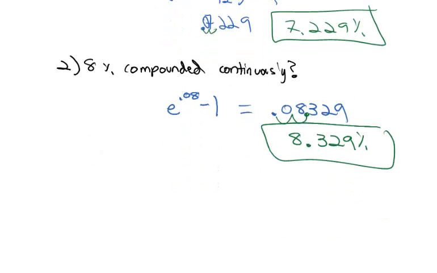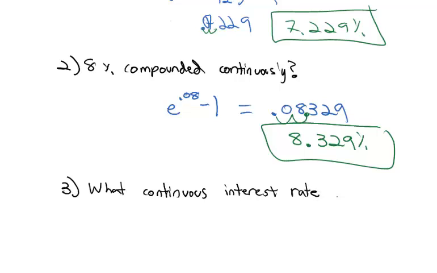But we don't have to just find the annual yield. We could know the yield and figure out what the interest rate is. What continuous interest rate will have an annual yield of 12%?